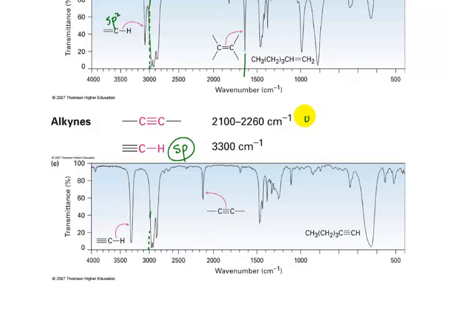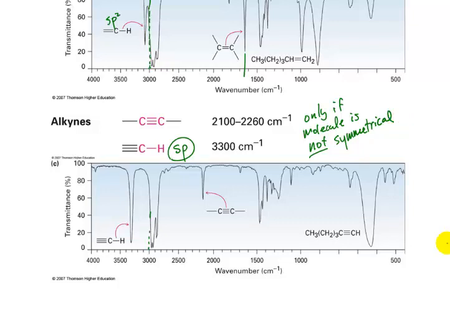But this is only if the molecule is not symmetrical. A symmetrical CC triple bond will not show up. That's due to a little more complicated interaction where the molecule's dipole moment has to be changing in order to actually see an IR absorption.